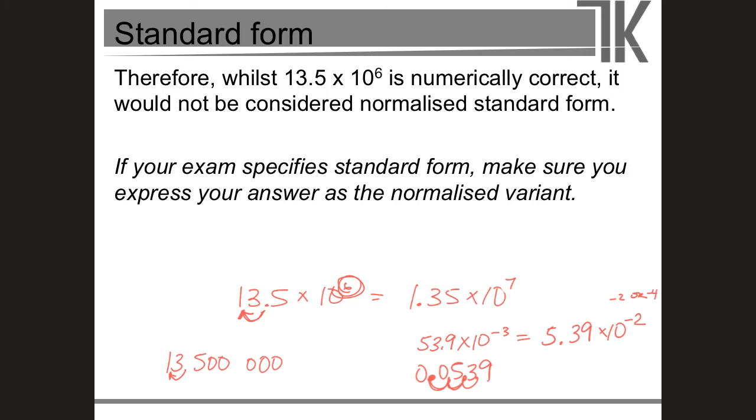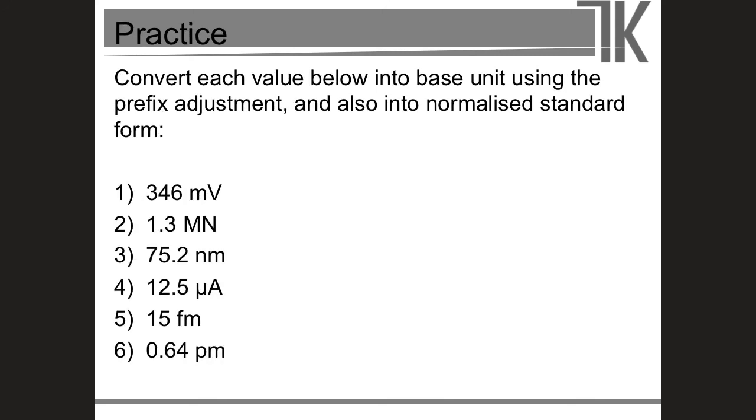So if your exam specifies standard form, make sure you express it in the normalized variant. So this 1.35 times 10 to the 7, or this 5.39 times 10 to the -2. So to give you a bit of practice, the 6 questions below, you can convert each value into the base unit using the prefix adjustment, and then convert it into normalized standard form.